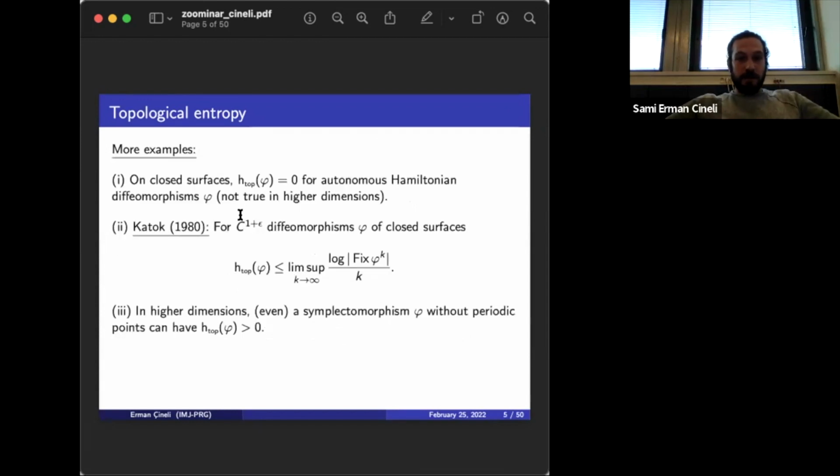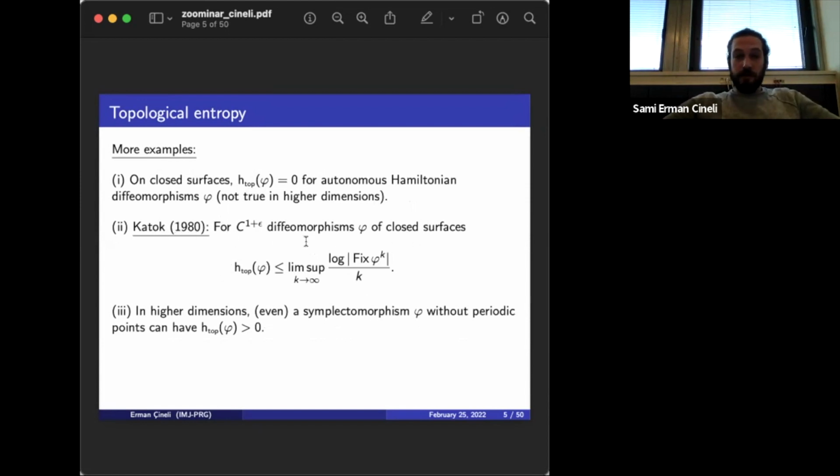Now, more examples and some results. On closed surfaces, topological entropy of autonomous Hamiltonian diffeomorphisms is 0. And this is not true in higher dimensions. In numbers 2 and 3, we compare periodic orbit growth and topological entropy.